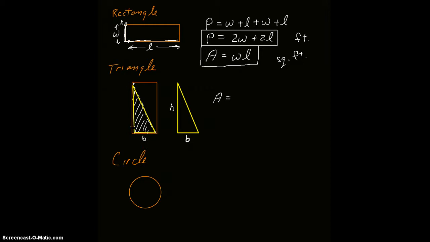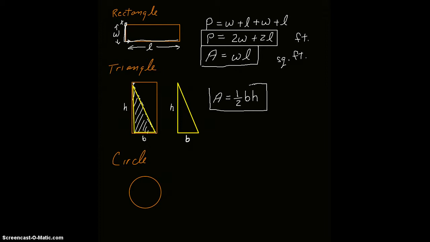And the height, or the length, above it was L, and this time we're calling it H. So the area of the rectangle was B times H. But we cut it in half, right? We cut it in half to make it a triangle. So the area now is 1/2 the base times the height. And that is always true for any triangle. So now we have the area of a triangle.